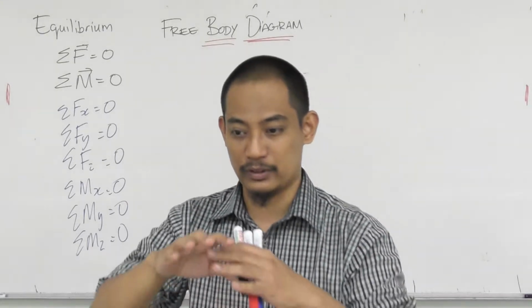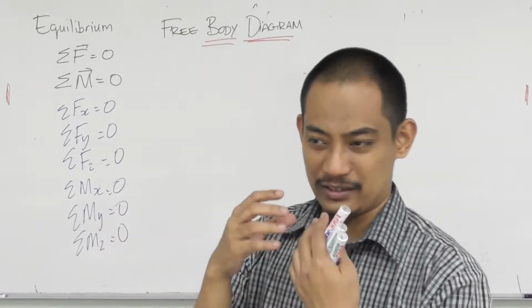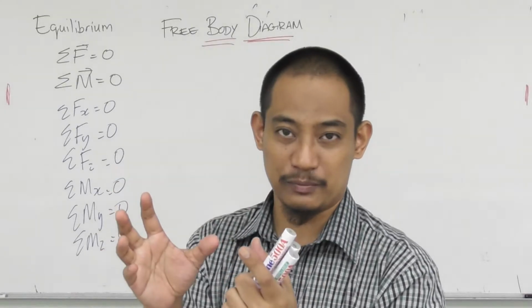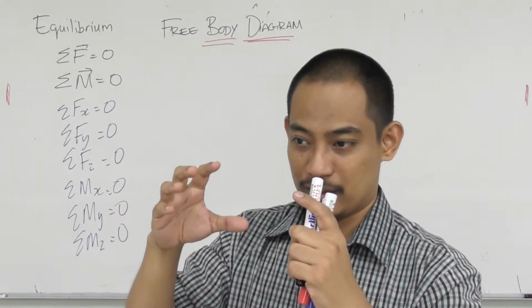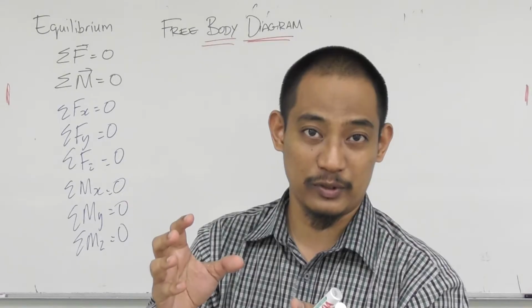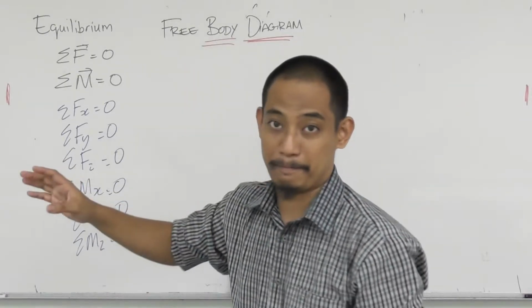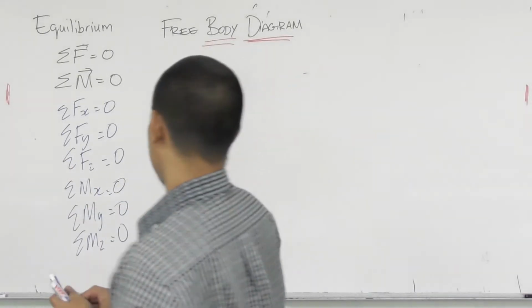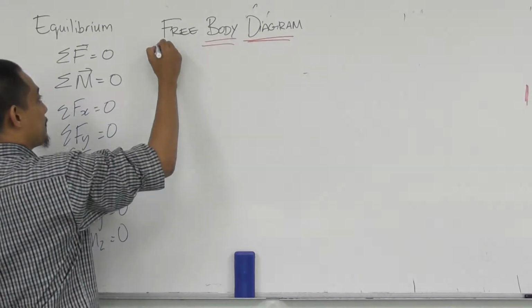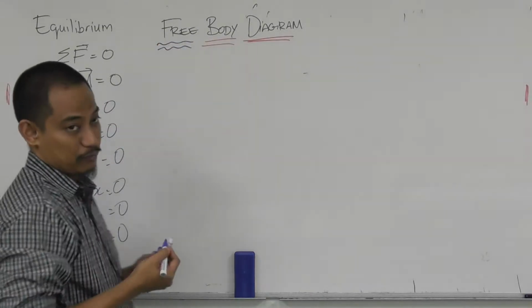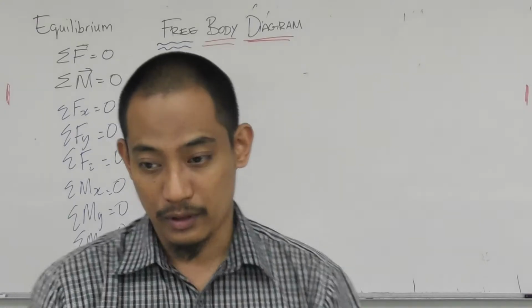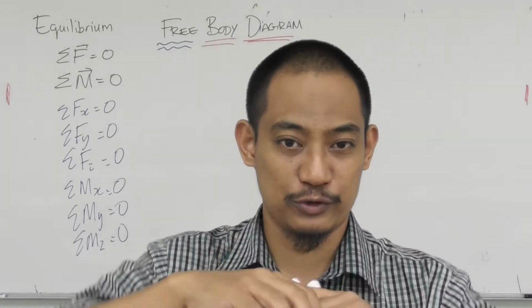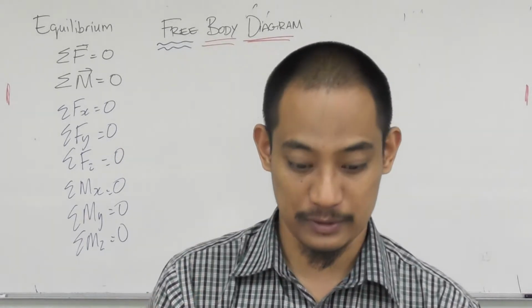Meaning if we have a problem, we can actually select this part is the body, and hence all external forces acting on the body should be in the free body diagram, right? And it also has to be free, right? What this means is that the body itself should be free from the surrounding, right?